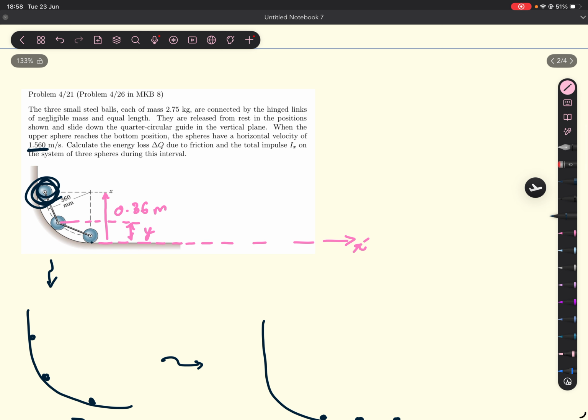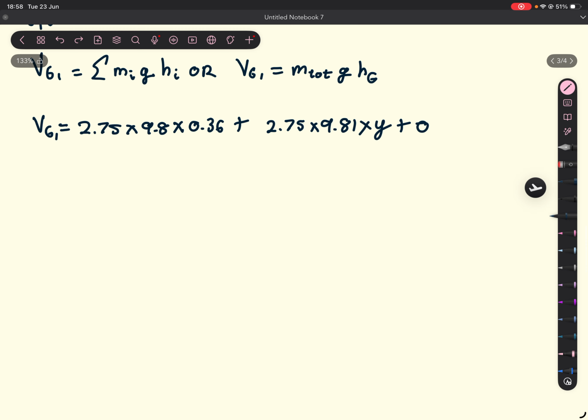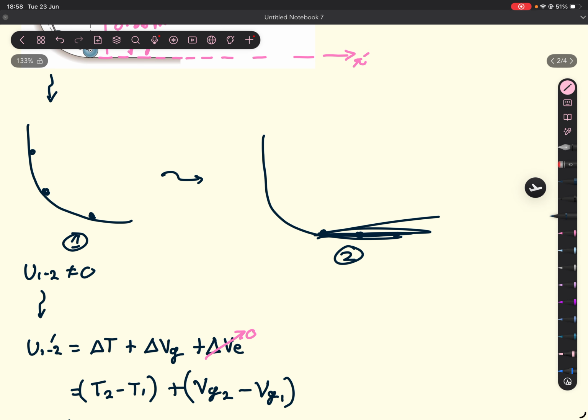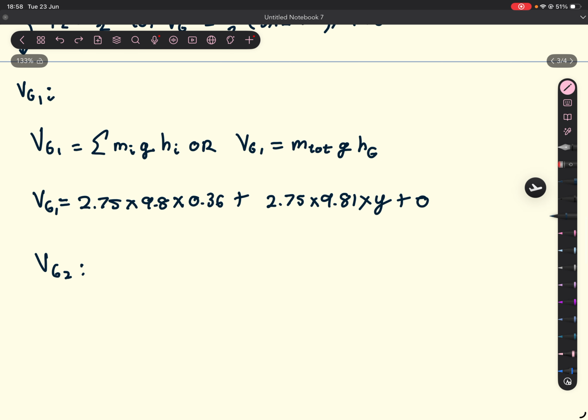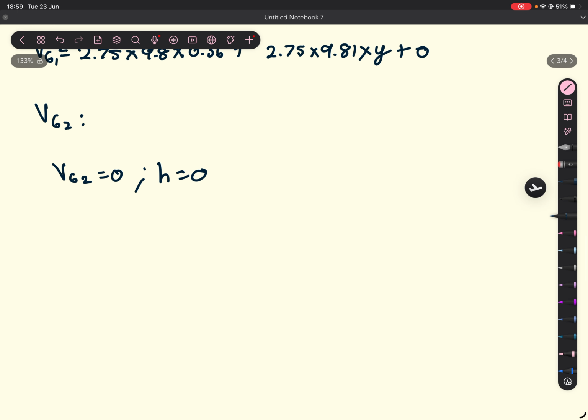So this one over here is at our reference point, so we're going to say that has a height of 0. Okay, and then for Vg2, at state 2, everything is in line with our reference line, right? So we're going to say Vg2 is equal to 0 because h is equal to 0, right?